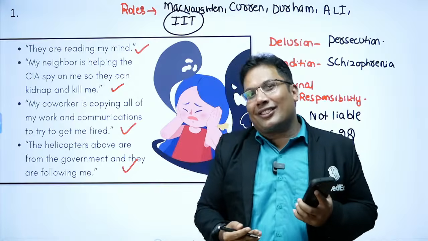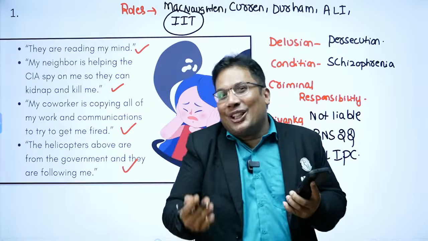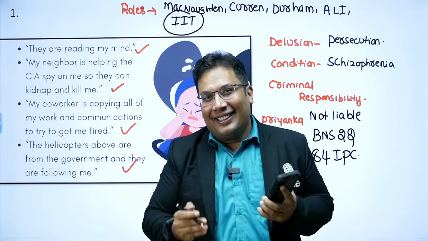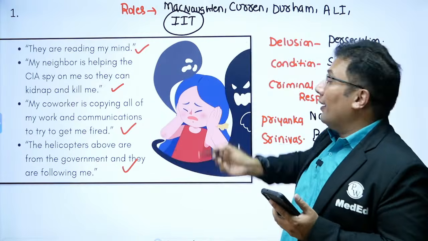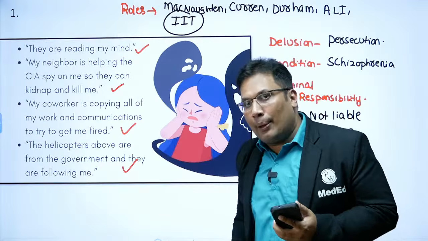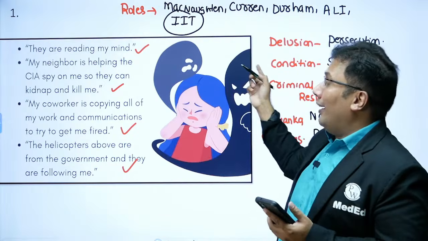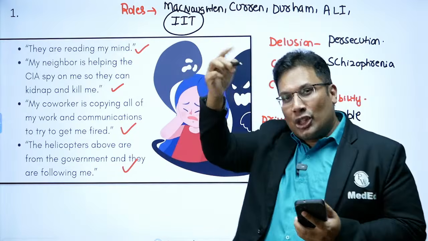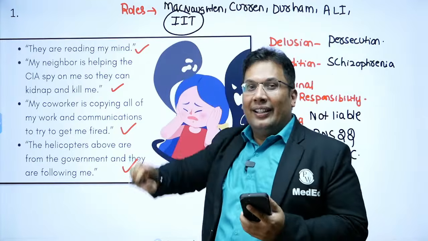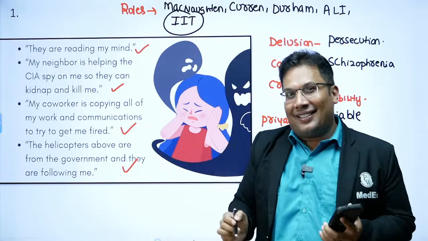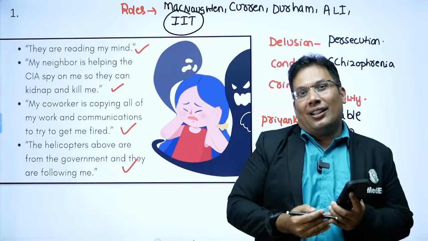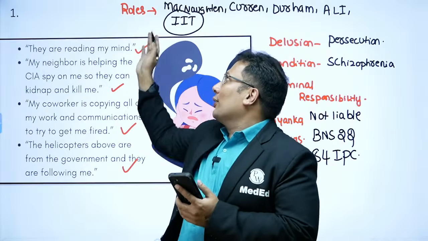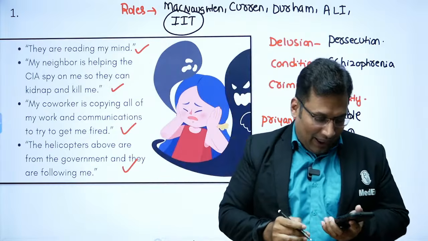Write in the chat box, because one time writing is equal to 10 times reading. McNaughten, Currens, Durham, ALI and IIT: American Law Institute test and irresistible impulse test. That is basically Lorena Bobbitt. The Lorena Bobbitt story is related to this IIT. Keep writing this.